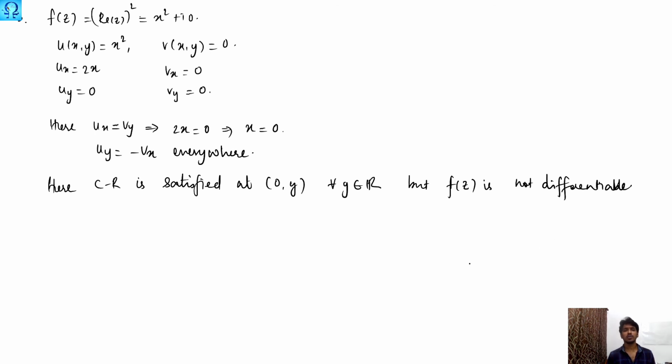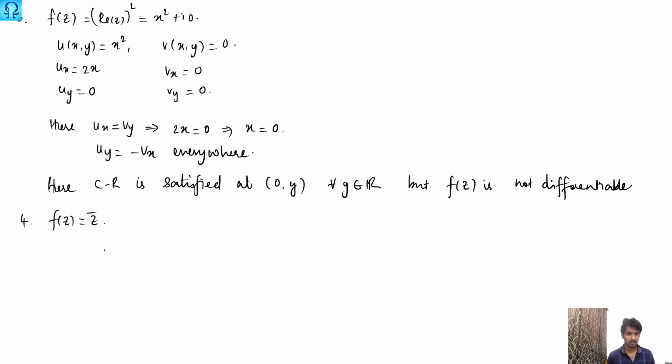Now you may ask me, then what is the use of this theorem? For that also I have a problem for you. And I think I should go with the simplest form of the CR equations. Let me give you f of z is z bar.